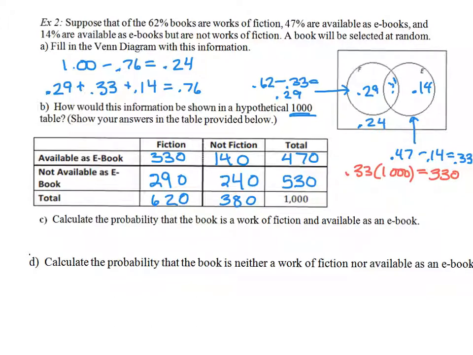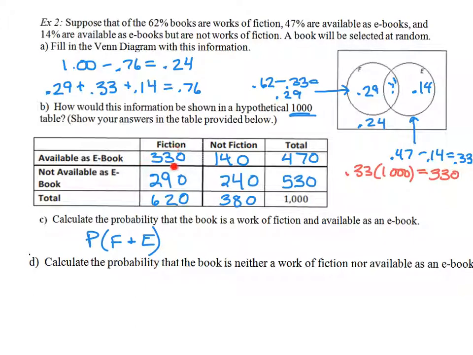So whether I use my Venn diagram or my two-way table, now it's going to be pretty easy to calculate some probabilities. So the first one says, let's find the probability that a book is a work of fiction and available as an ebook. So that's going to be the probability of F and E. So look carefully in your table. F is all of these, E is all of these.